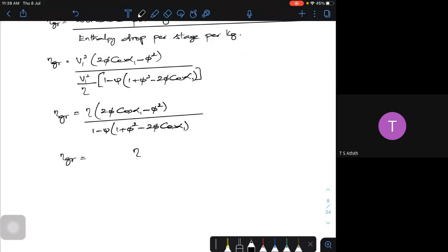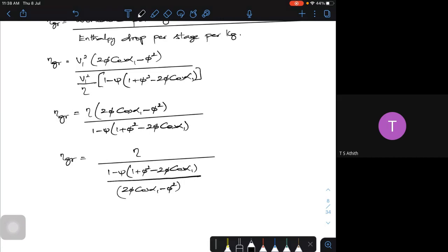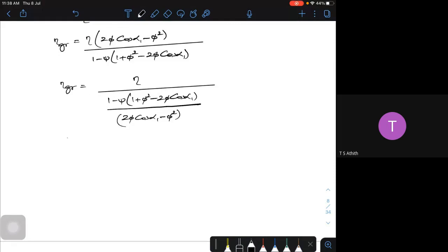So you can retain the nozzle efficiency and I can write the same expression like this: 1 minus psi into 1 plus phi square minus 2 phi cos alpha 1, whole thing divided by 2 phi cos alpha 1 minus phi square. If you want, you can open this bracket also. This is a simplification, that's it. Is equal to your efficiency.